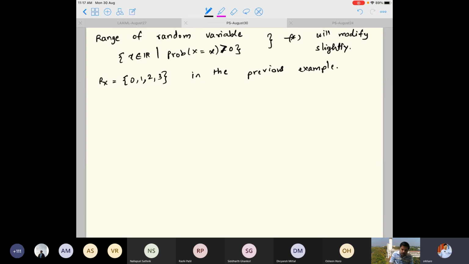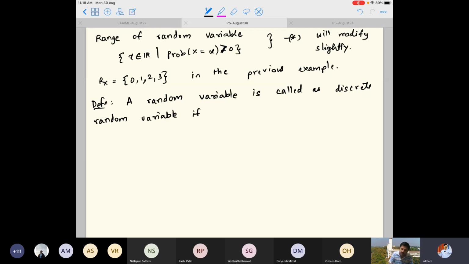So I will write down the definition. A random variable is called a discrete random variable if the range of X is finite or countably infinite.